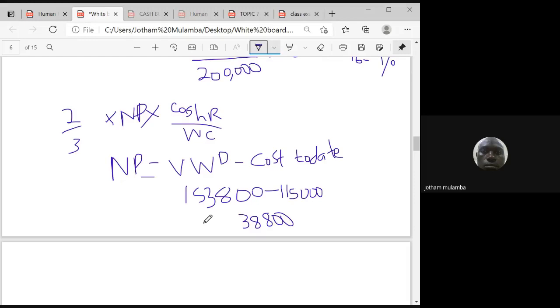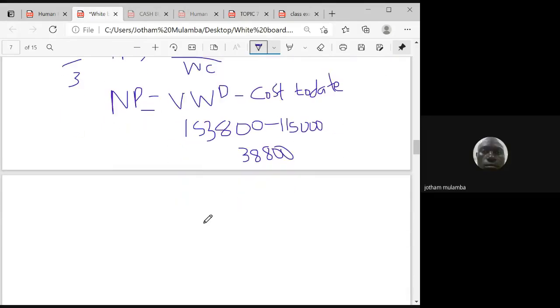Do you have, from the question, cash received? 126 million. Yes, 126 million. Do you have value of work certified? From the question, do you have work certified? 150,000. Yes. So now we want to substitute in that formula.